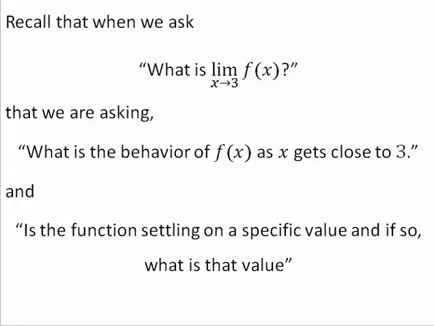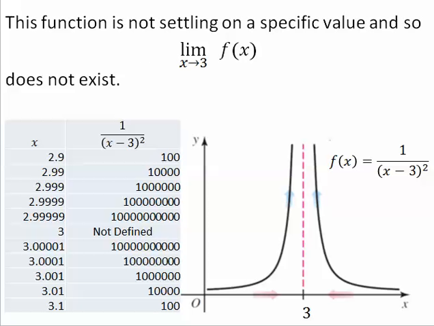Or another way of saying that, is the function settling on a specific value? And if so, what is that value? This particular function is not settling on a specific value, and so the limit does not exist.